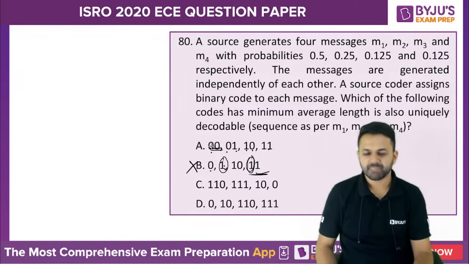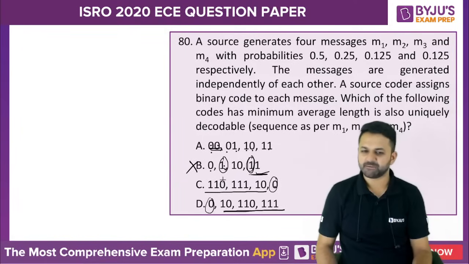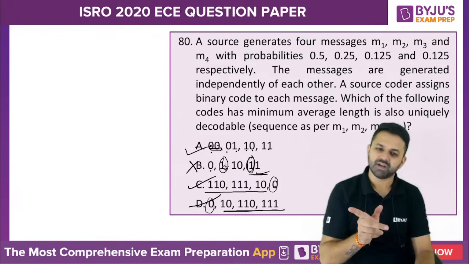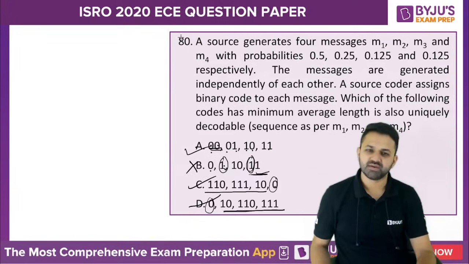Here you can see that this is 0, but it is not in the prefix of any other code. So that means A, C and D are uniquely decodable. B is not uniquely decodable.